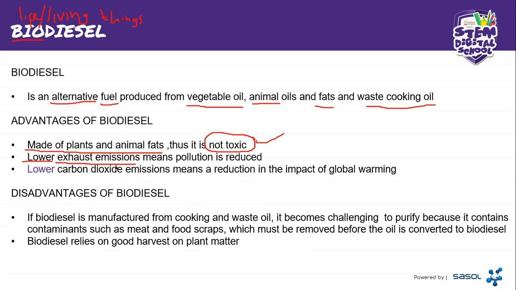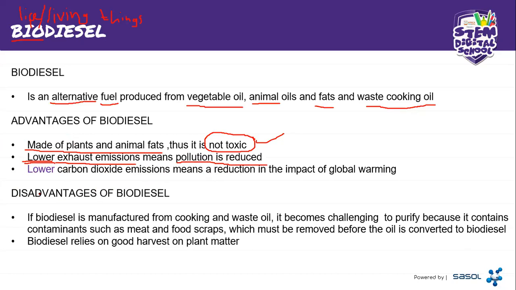So the gases that come from the exhaust, they are lower as compared to when you are using a normal petroleum diesel altogether. And that means pollution is reduced. And the critical word there, my dear learners, is that the exhaust emissions are lower. It's not completely zero. We still have exhaust emissions, but they are lower and therefore pollution is reduced.